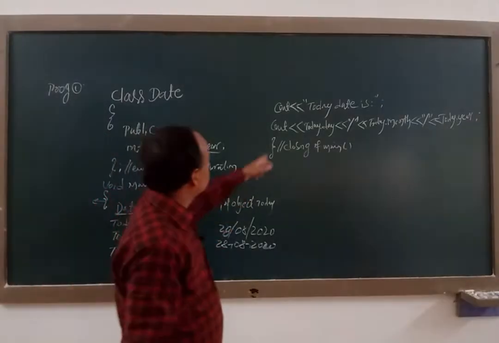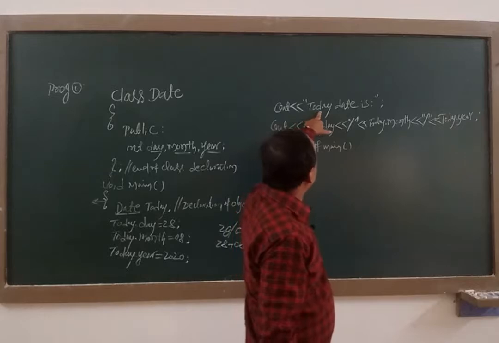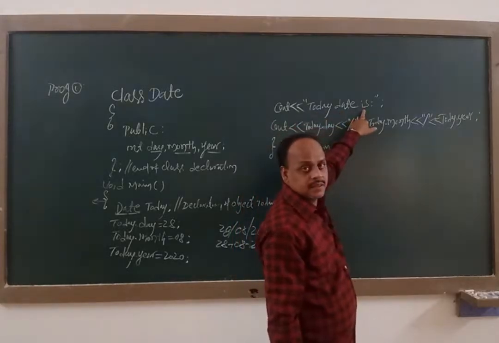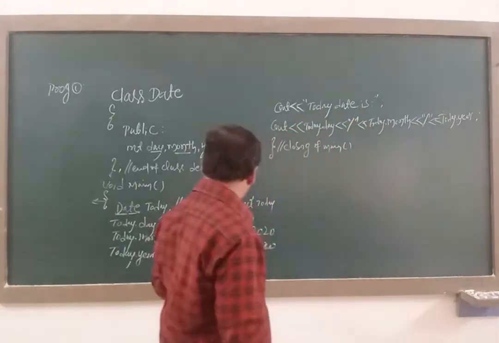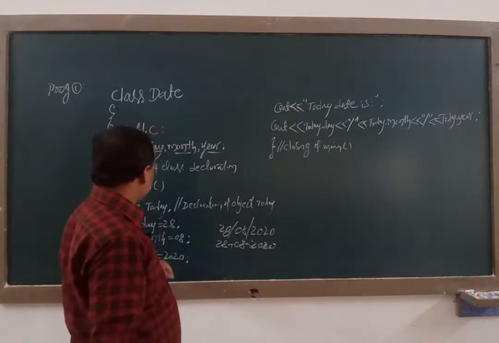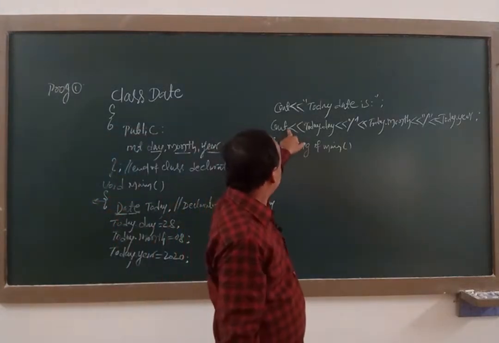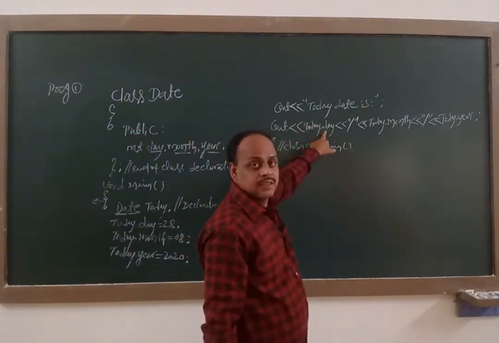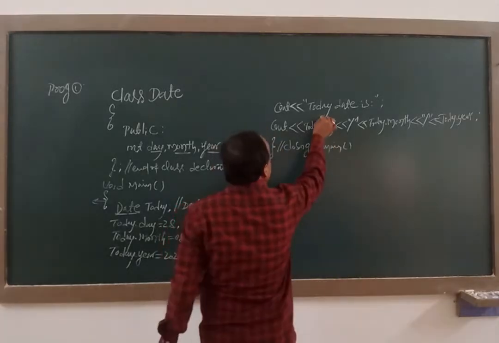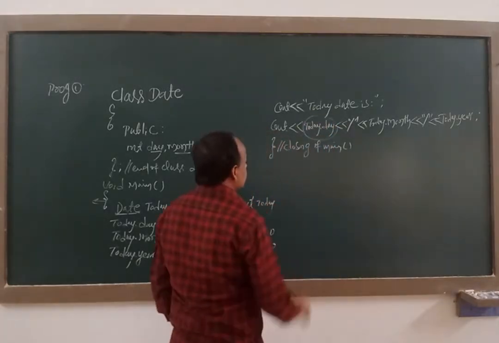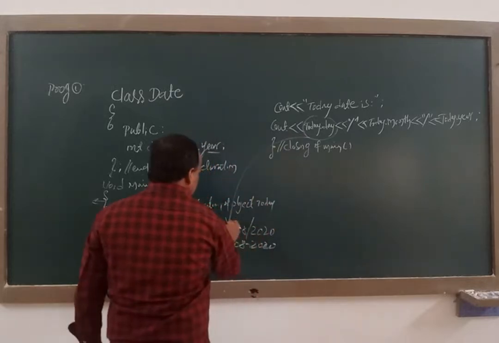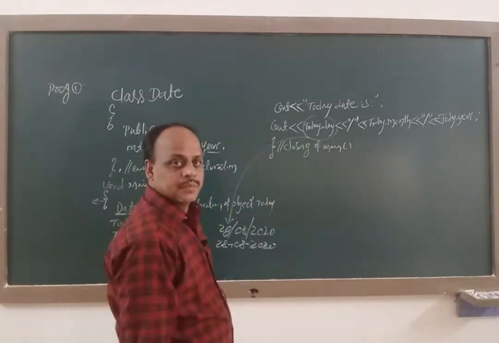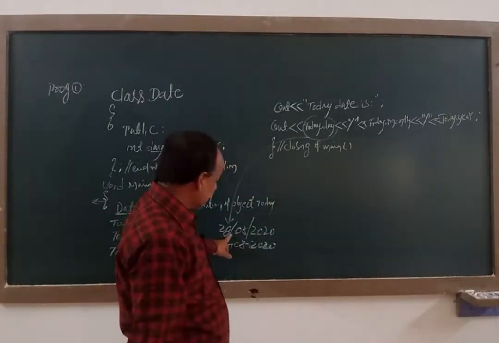See here, now the value is assigned to the data members. Next step is cout "Today date is". Now I have to print this date, right? So cout today.day. This today.day contains 28. After 28 we need a slash.